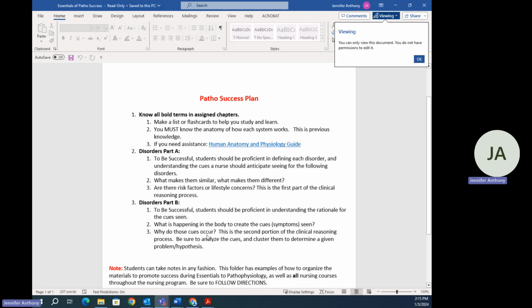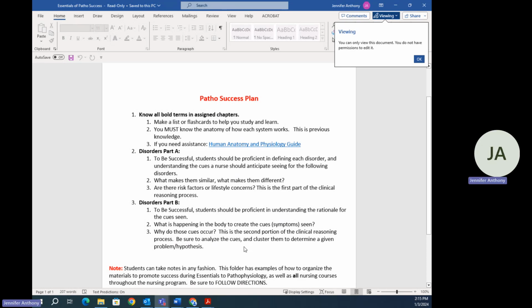Now, the second part is a little bit more difficult, and that is where the students now have to know the rationale or the why behind why the cues are being seen. What is happening in the body to create those symptoms?